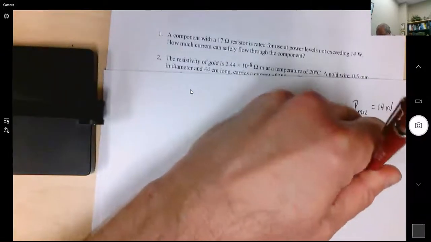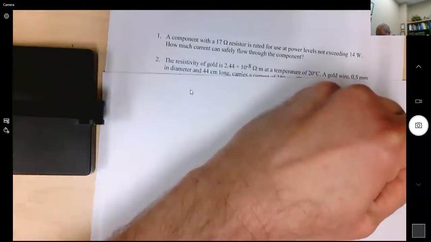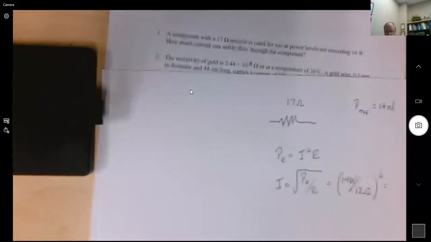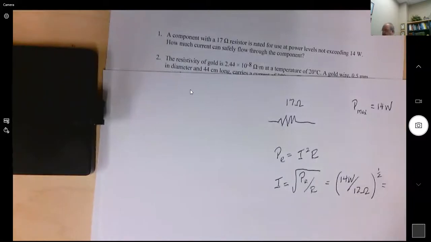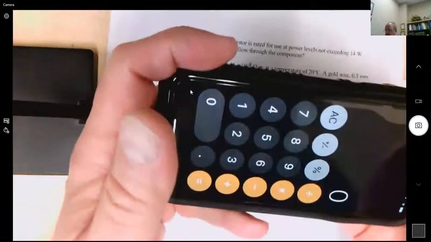Okay, and so that's 14 watts divided by 17 ohms to the 1/2 power. Do that on my calculator here.